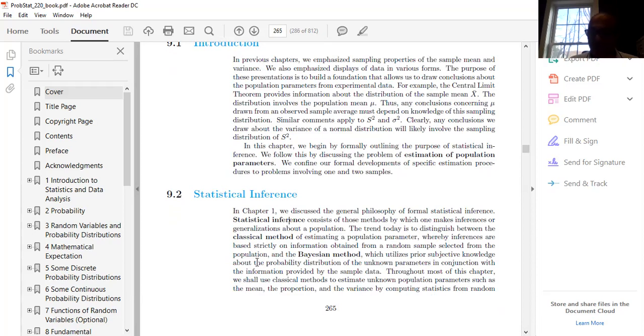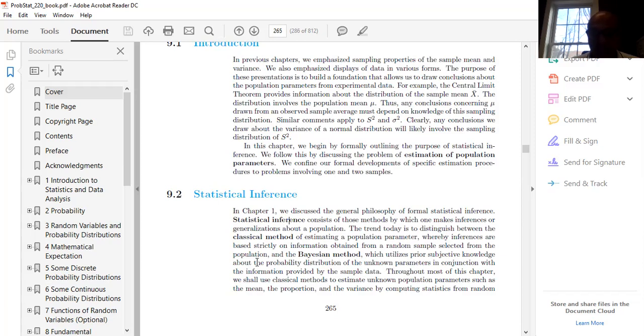And to distinguish between the classical method of estimation of a population parameter, whereby the inferences are based strictly on information obtained from a random sample selected from the population, and the Bayesian method, which utilizes prior subjective knowledge about the probability distribution of the unknown parameter in conjunction with the information provided by the sample data.